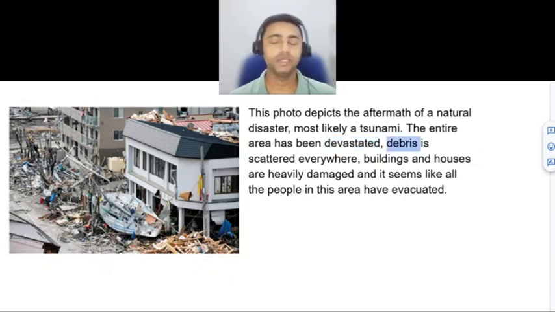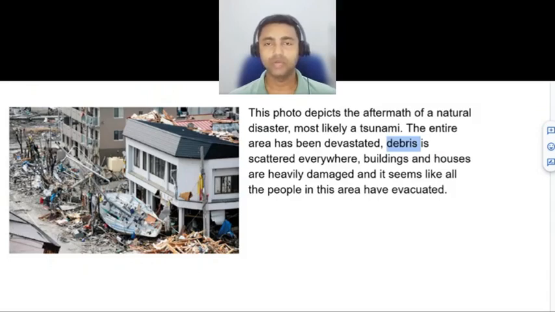Debris. Normally the meaning is all the things which are rubbish, broken wood, broken building pieces, all these things which are scattered everywhere. So for that we use the word debris. Under debris you can take trash.